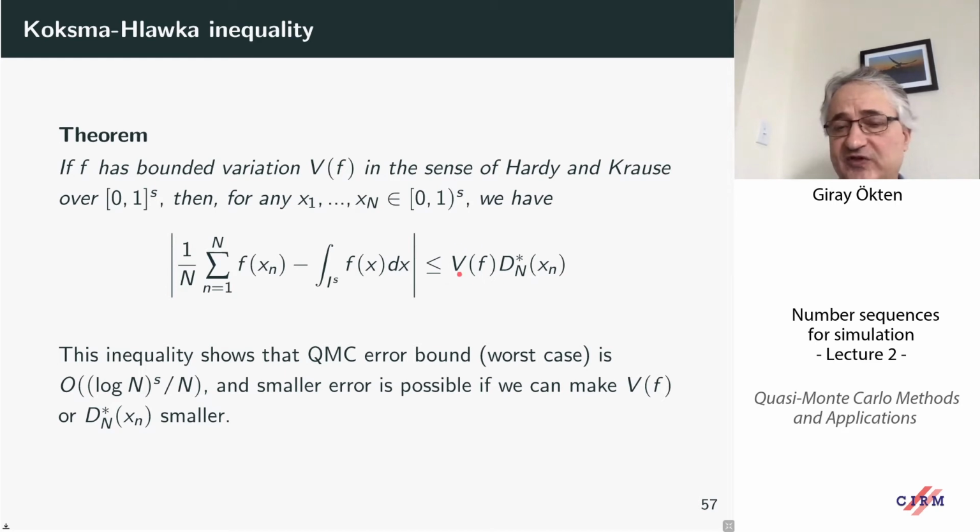The variation of the function will be just a constant. And if you can come up with sequences with smaller discrepancies, then you'll be making the upper bound for the error smaller.